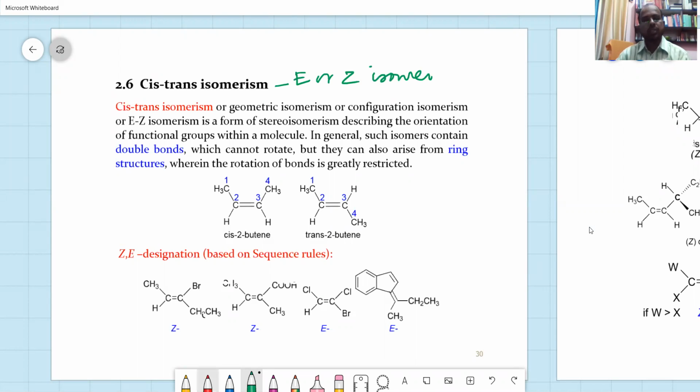So E usually is for the trans isomer and Z is for the cis isomer. Okay, the isomers containing double bonds are not capable of rotating around the double bonds like this. So there is a restricted rotation.